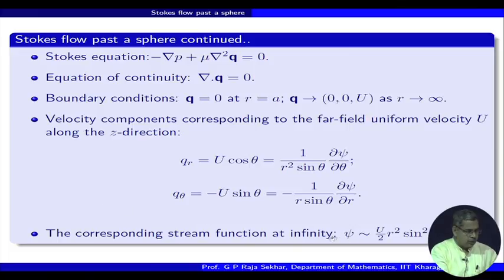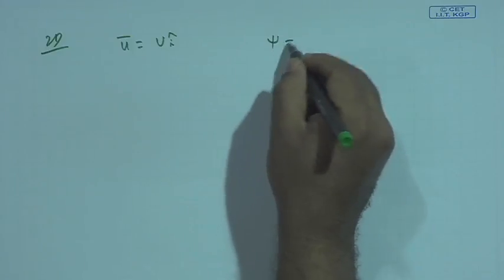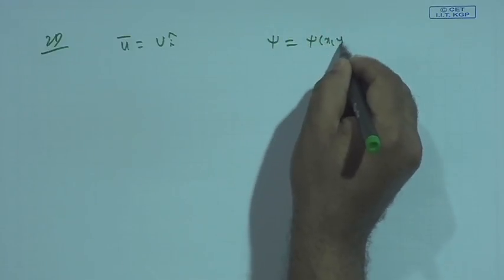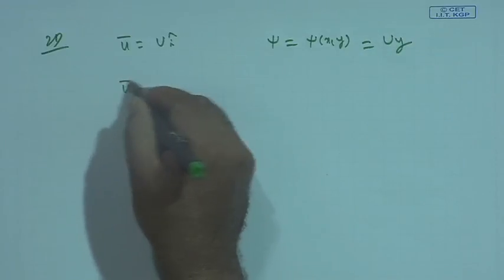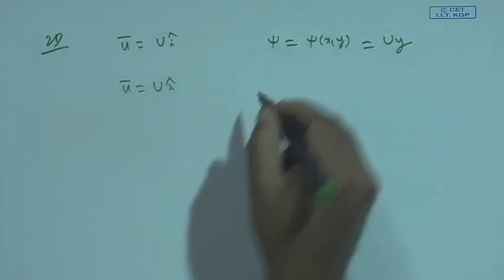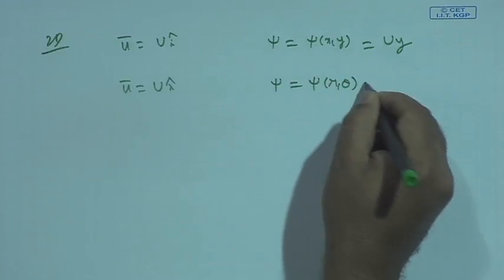Now, I have shown you two examples of how to derive the stream function corresponding to a given velocity. What are the examples that we have in 2D? We discussed u bar equal to u i, and the corresponding psi of x y. We have seen this is u y, and similarly the corresponding psi is psi of r theta.